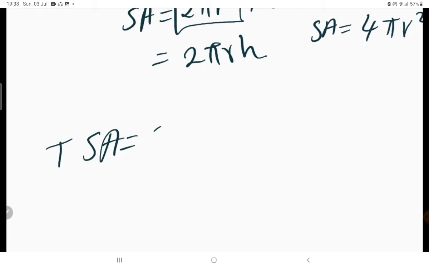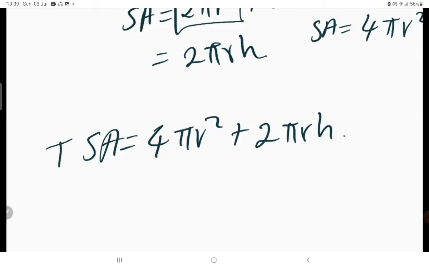You just need to think of 4 circles combined to form a sphere, which may not make literal sense, but let's just think of it that way. So the total surface area of the whole satellite is 4 pi r squared, which is the area of the sphere, plus the area of the cylinder without the lids, which is 2 pi r h.